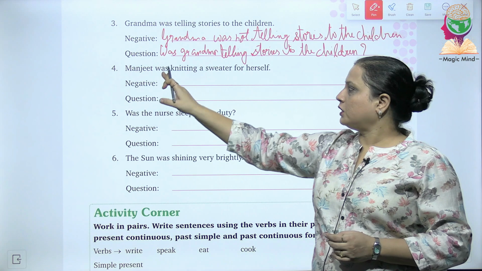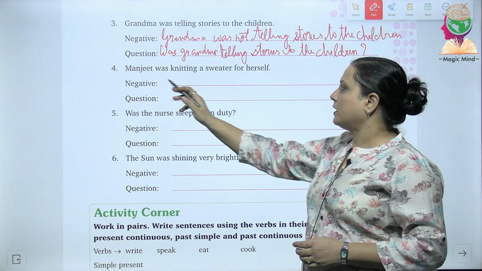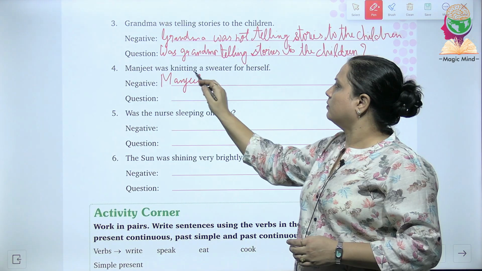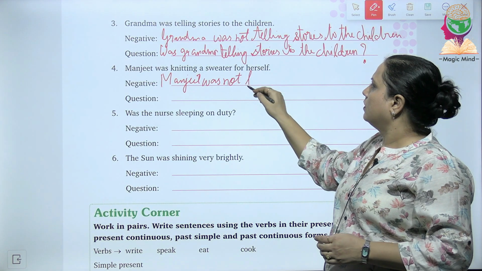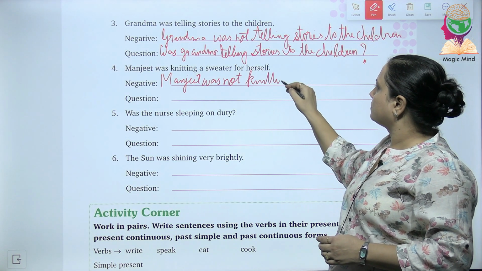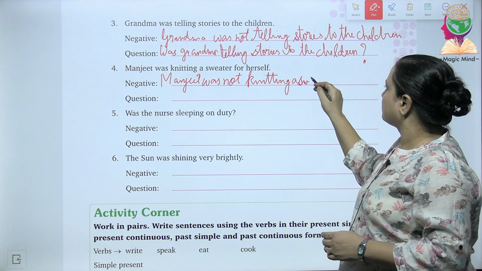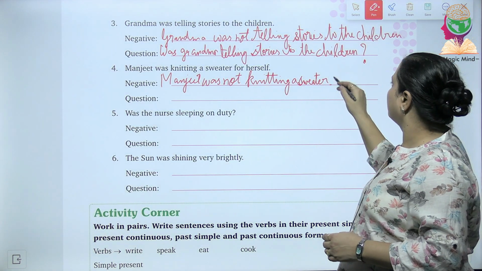Fourth one, Manjeet was knitting a sweater for herself. So the negative sentence will be Manjeet was not knitting a sweater for herself.